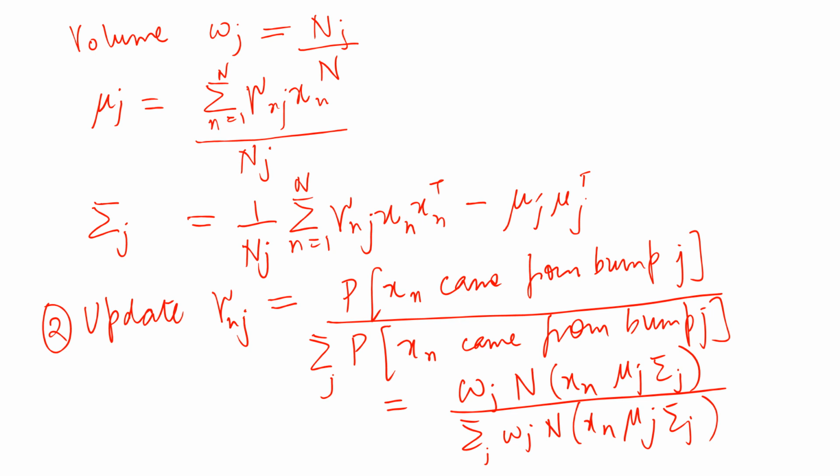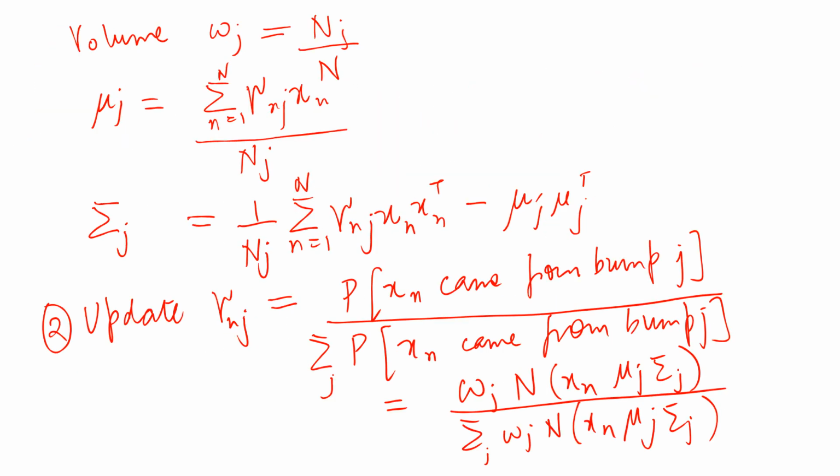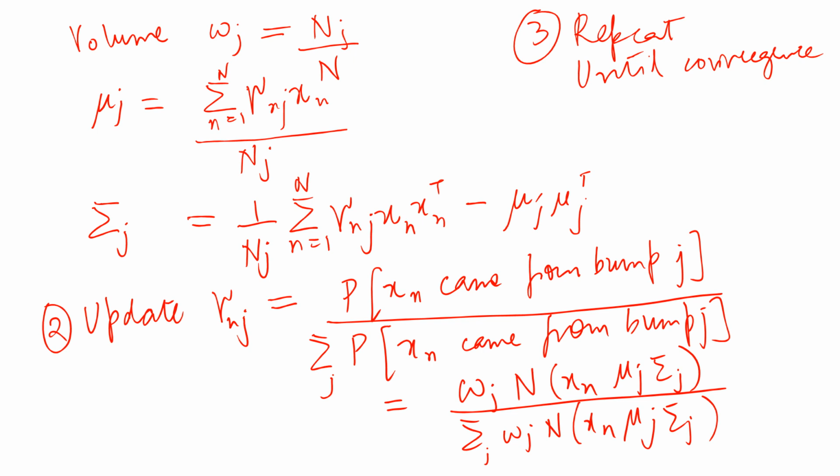Now, once I'm done with step 2, all I have to do is repeat step 1 again, because now I have gamma, and so I'm going to recalculate the other things and keep doing that until convergence. So step 3, I'm going to write here, repeat until convergence. When you don't see much change in your outcome, then that's it.